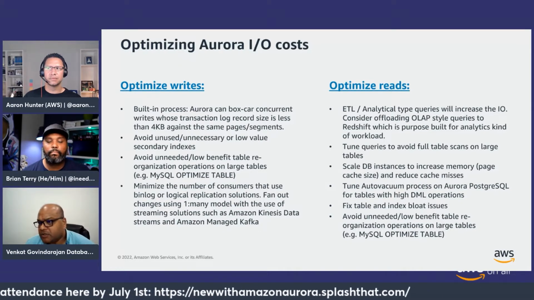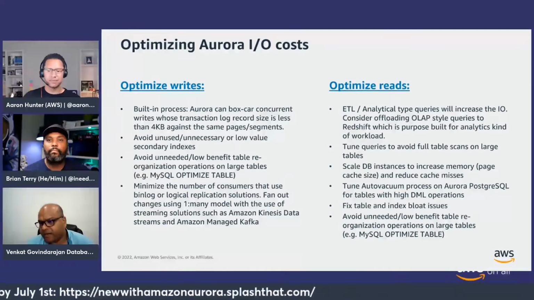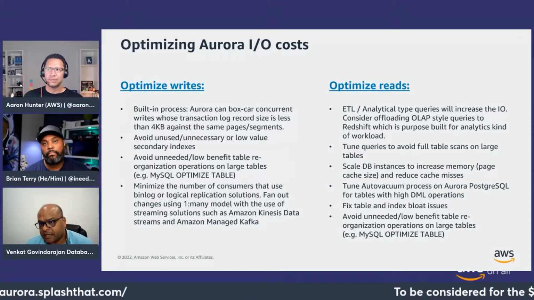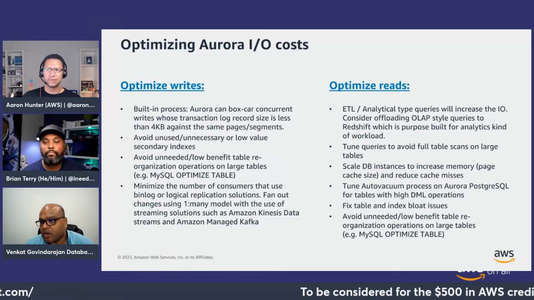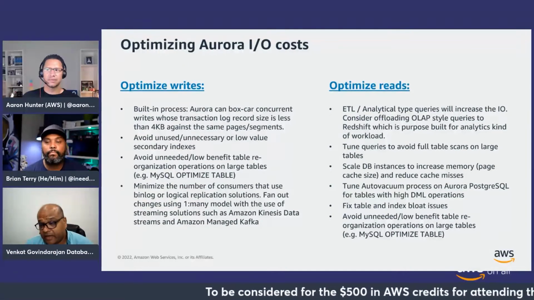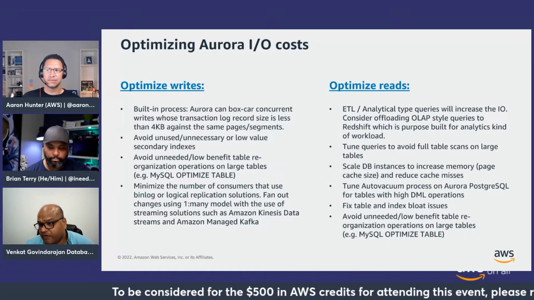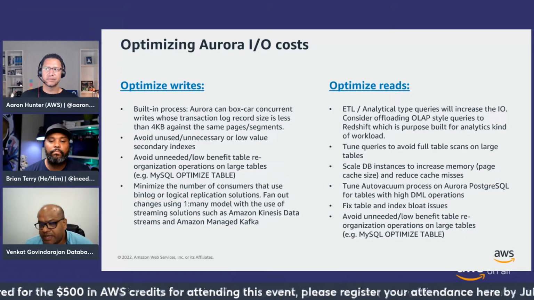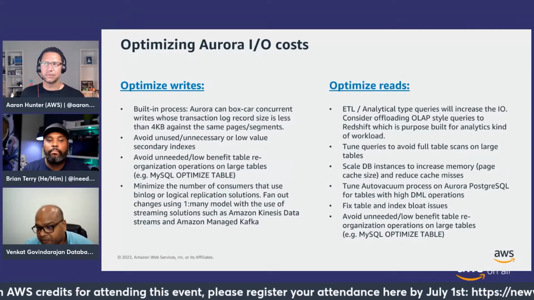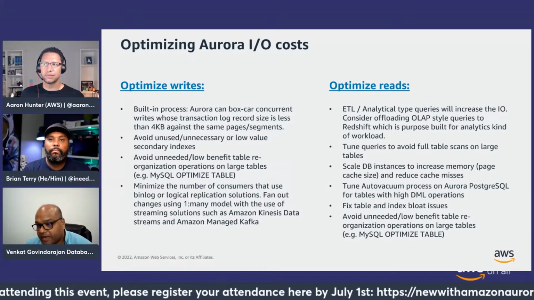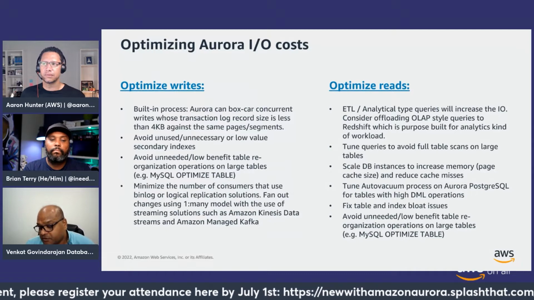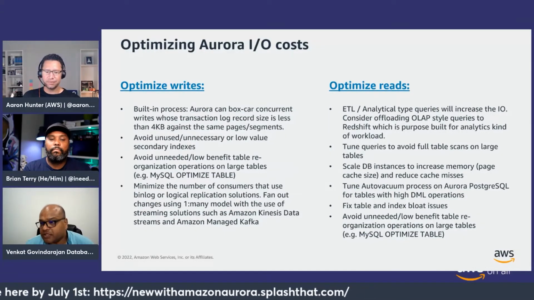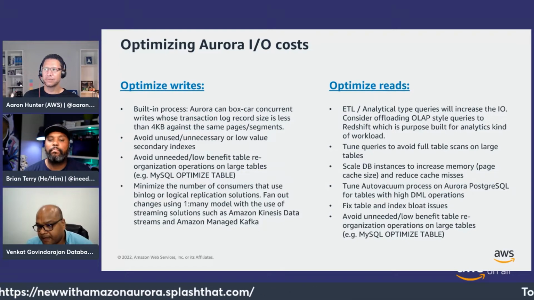But what it also does is rearrange a lot of the data sitting in the table, and rearranging those data sets again has an IO cost component to it. While it is a critical aspect of any performance tuning mechanism within an organization, doing it on a table that does not need it might be a wastage of resources first, and then also the cost associated with it. So you've got to pick and choose which tables you want to optimize.